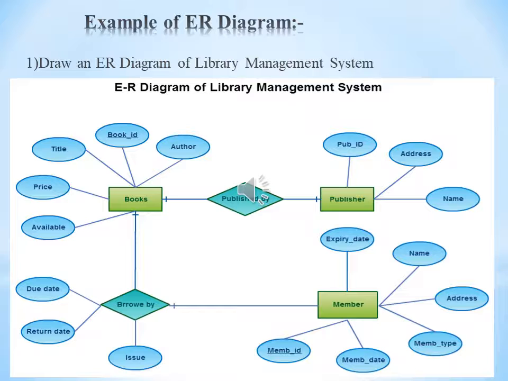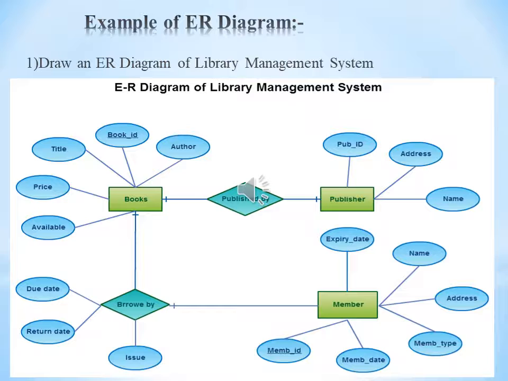The rectangle, ellipse, diamonds and lines are used here. The ellipse is used for attributes, the rectangle is used for entities, the diamond is used for relationships, and the line links attributes to entity sets and entity sets to relationship sets.